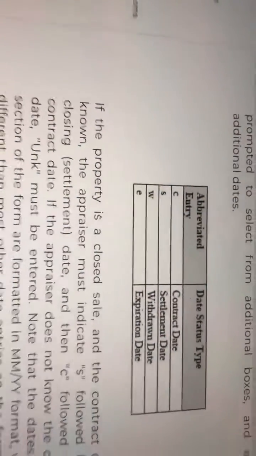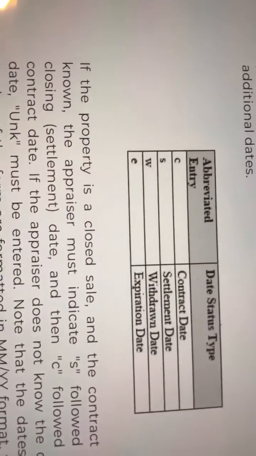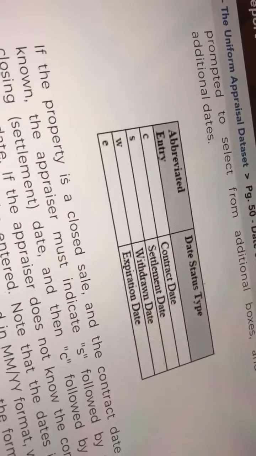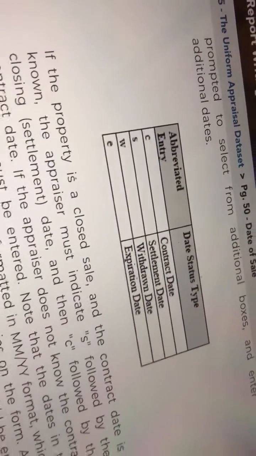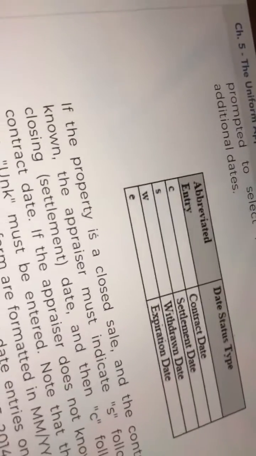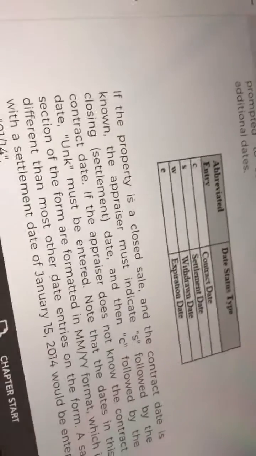Abbreviated entry W. Date, status type, a withdrawn date. Abbreviated entry E. Date, status type, expiration date.